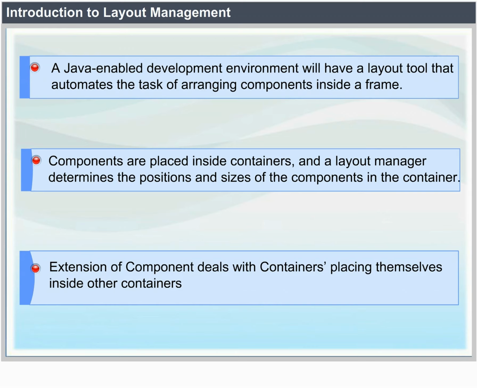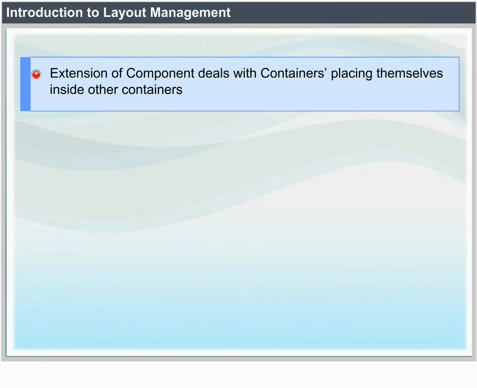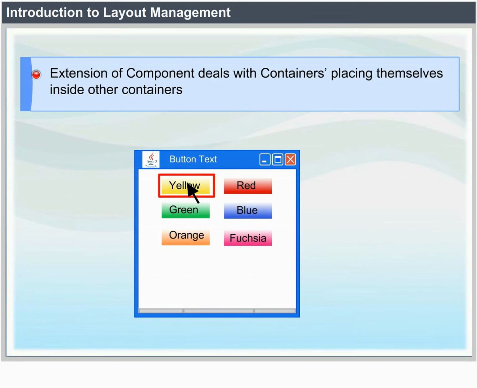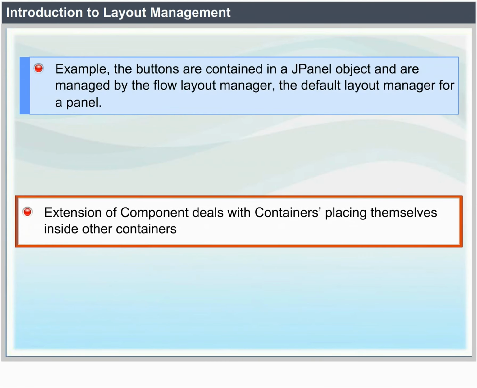Components can be placed inside containers such as panels. Extension of Component deals with containers placing themselves inside other containers. For example, the buttons are contained in a JPanel object and are managed by the FlowLayout manager, the default layout manager for a panel.